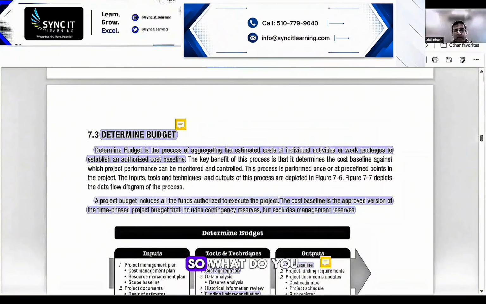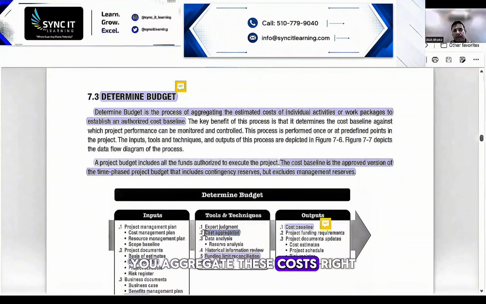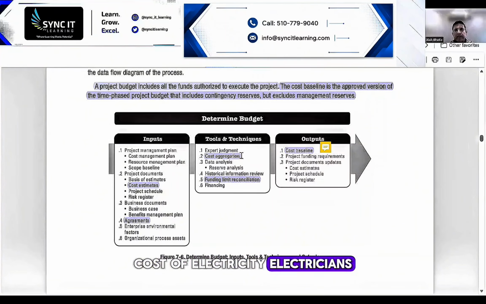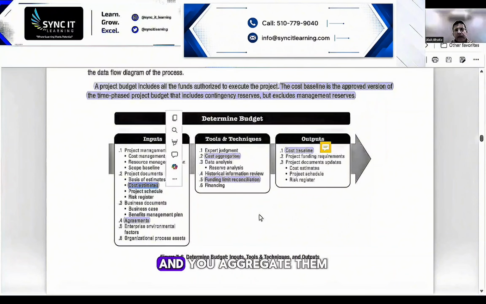So you aggregate these costs, just like if you're building a house: the cost of labor, material, architecture, electricians, plumbing, gardening. You take the cost estimates and aggregate them to come up with a cost baseline.